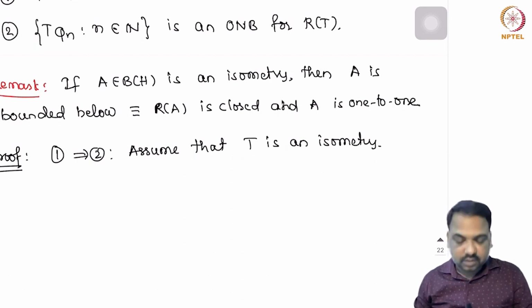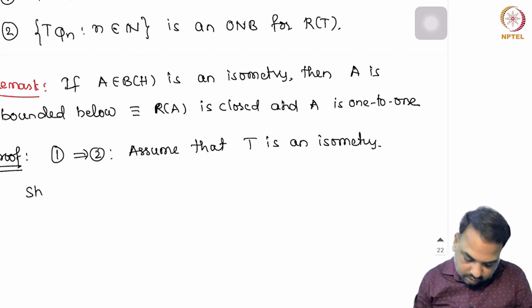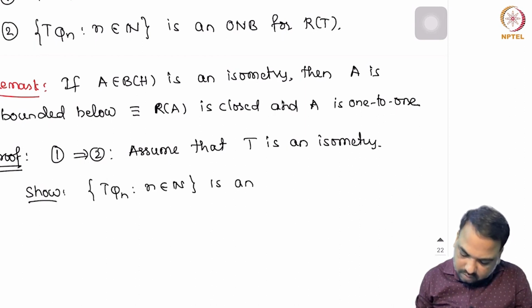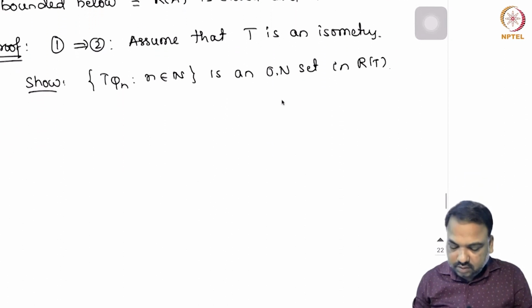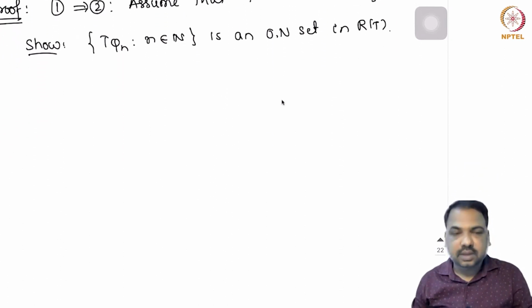So here also, we have already shown that T phi n is an orthonormal set in the range of T. Next thing we want to show is that it's an orthonormal basis.